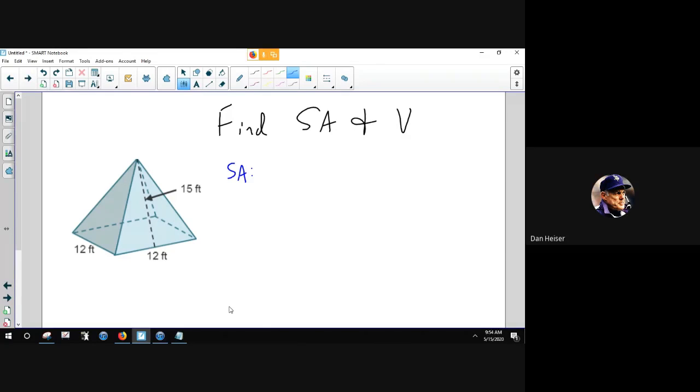So our surface area is the square base plus those 4 triangles. Our square area, and our triangle area, half base times height of each triangle. Here we use our slanted height, the height of this triangle.